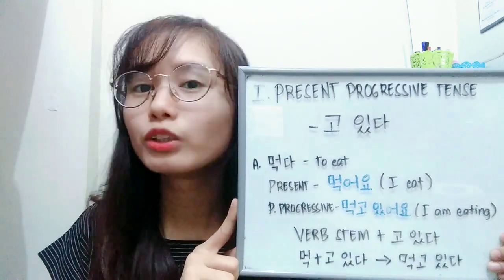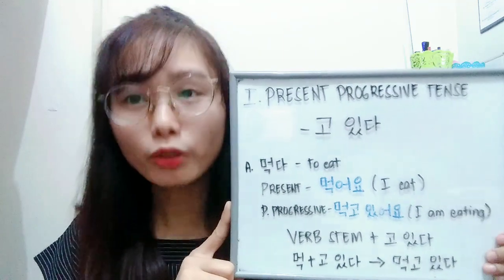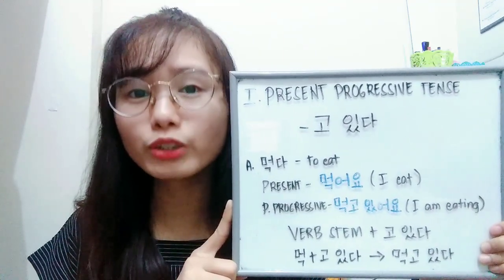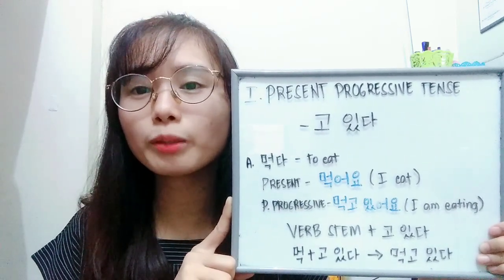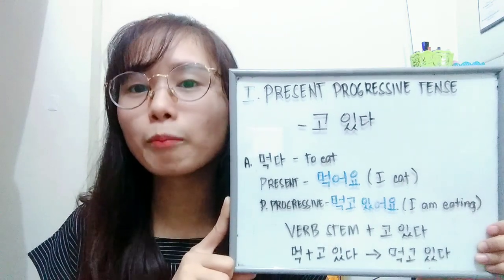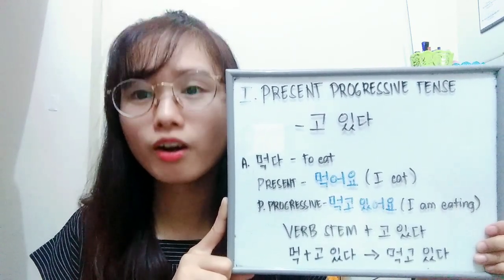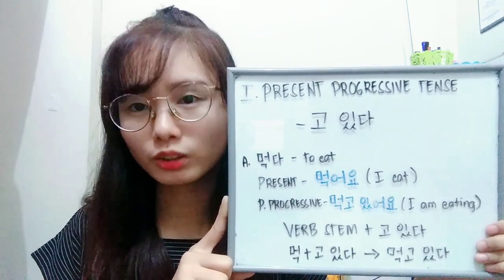Ngayon, progressive tense, dun papasok ang use niya. Kaya din siya tinawag na progressive. Kasi nga, nangyayari in the present action and you are continuously doing it. So, ano yung present progressive form ng mokta? That is mokko itta or mokko isoyo. Mokko isoyo.